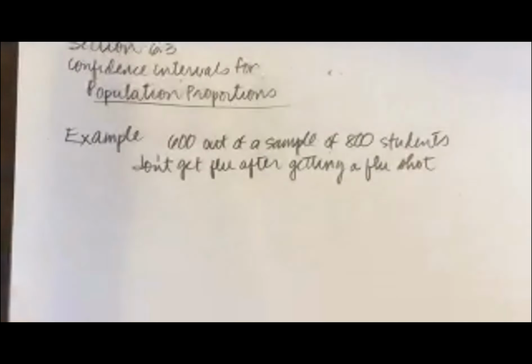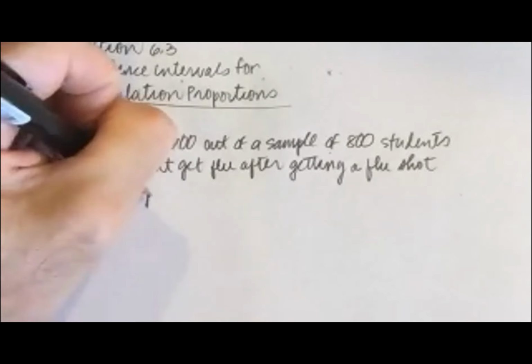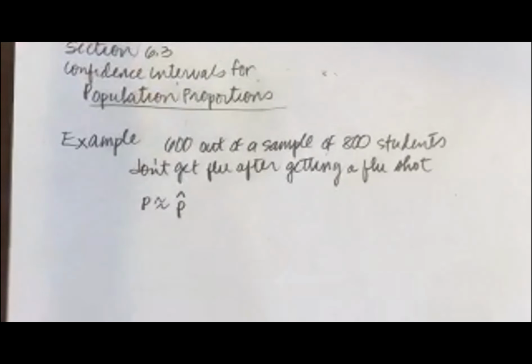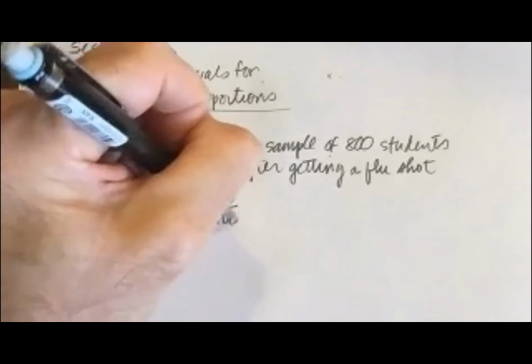What we would like to do is take this sample and estimate the population proportion. So we're going to say, well, okay, if 600 out of 800 in the sample didn't get the flu, then we would estimate the population proportion P using the sample proportion. For the sample proportion, we usually put a hat on the P and say P hat, which is 600 out of 800, or about 6 out of every 8, or about 75%.